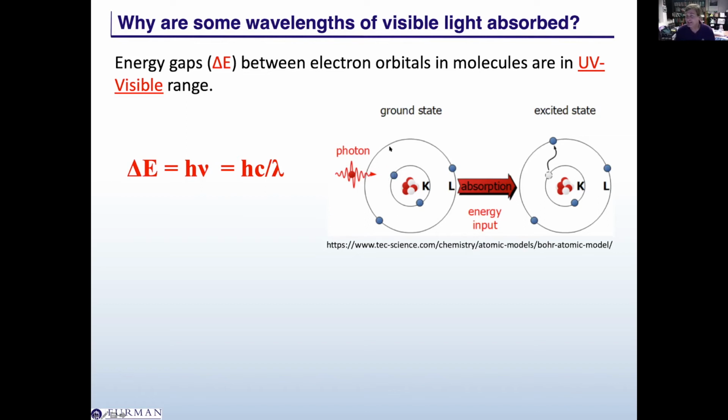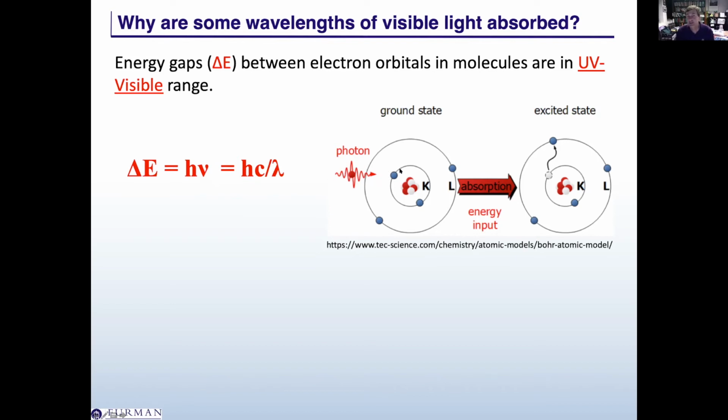It'd be a little like a giant energy beam hitting planet Earth and shoving it from its orbit up to the orbit of Saturn, right? And you'd have to put in a lot of energy to do that, right? So light is just enough energy to take an electron from a low energy orbit up to one of these higher energy orbits. And so that photon will be absorbed.